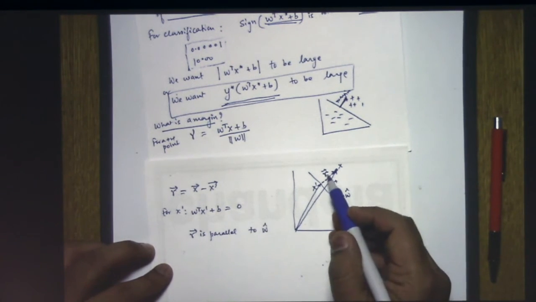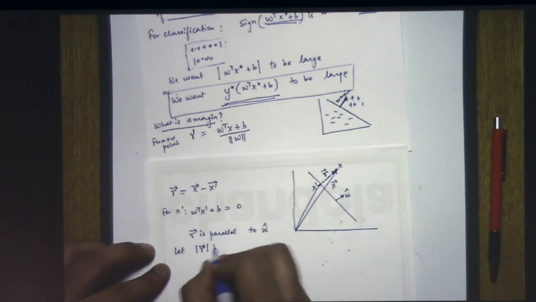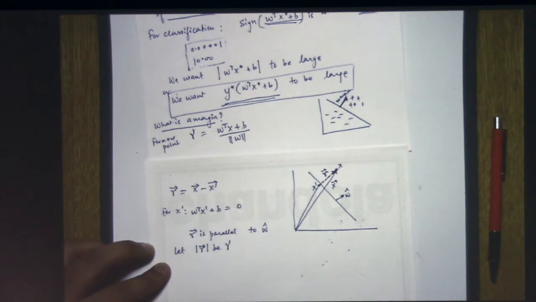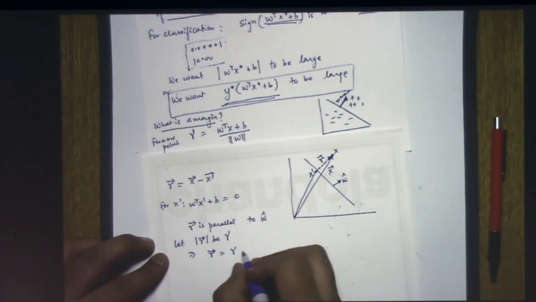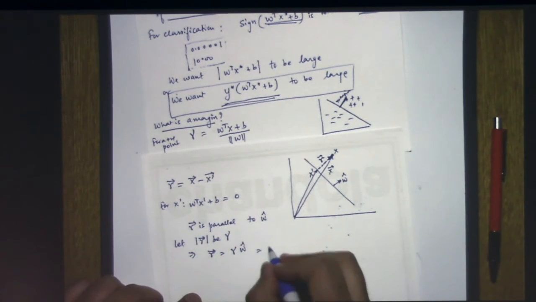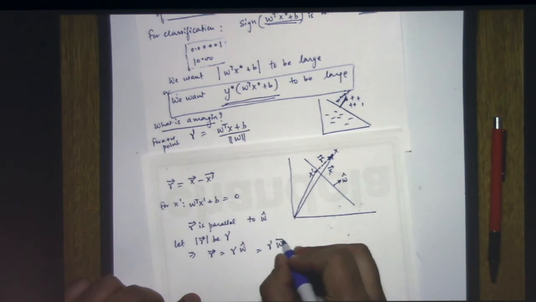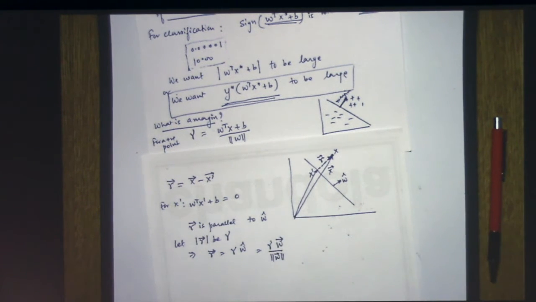And we are assuming let magnitude of R be that margin, because we are interested in this margin. So R is nothing but this times this, and this is nothing but gamma, the actual vector divided by its magnitude, because that's the unit vector along that.